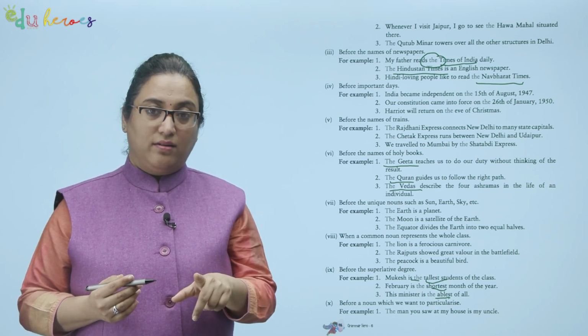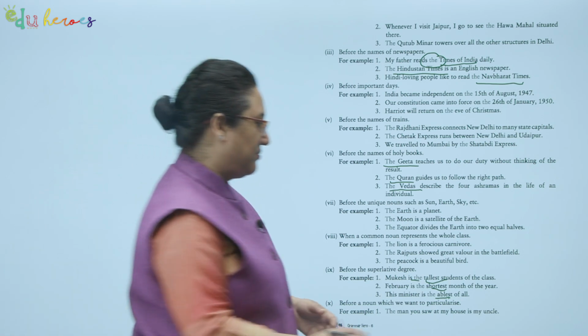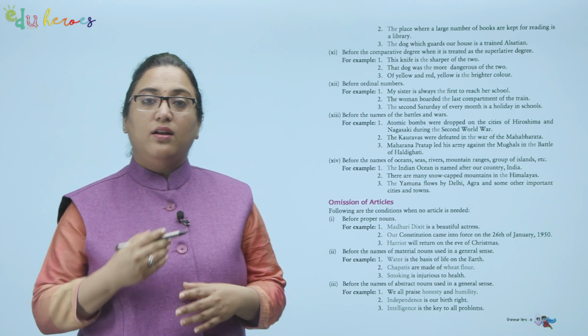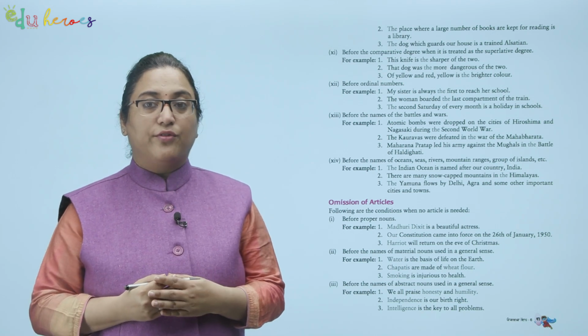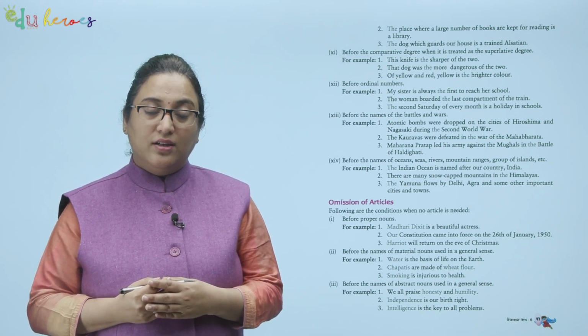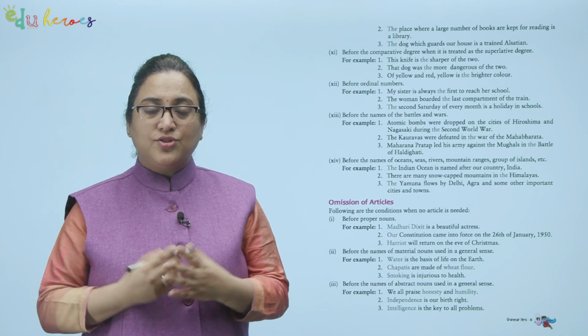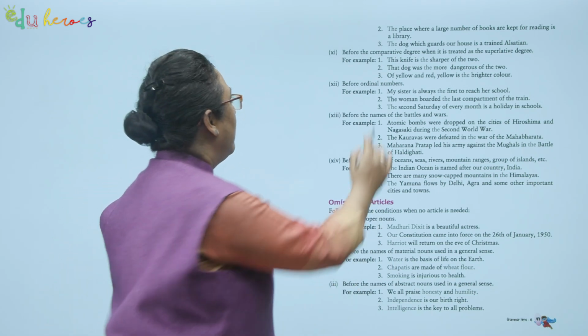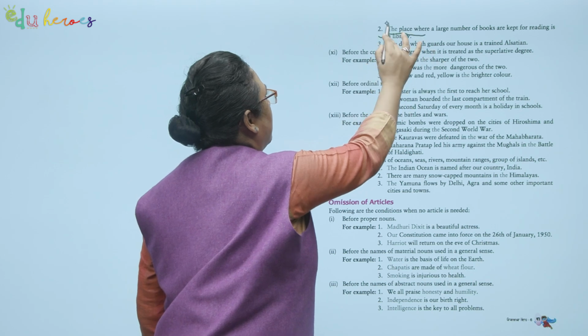Hence, the man. Similarly, the place where a large number of books are kept for reading is a library. So, what are we trying to particularize, children? That particular place. So, we will highlight it by using the.